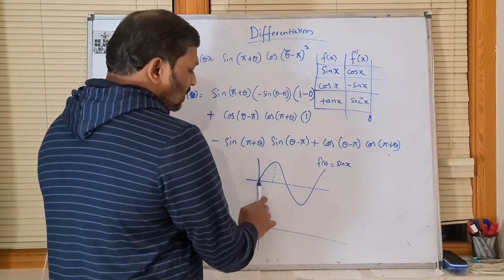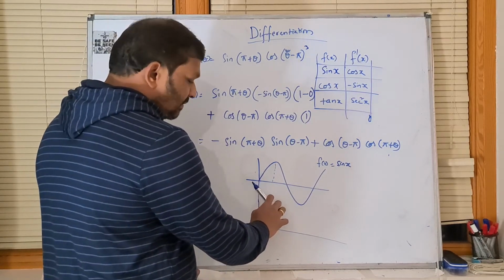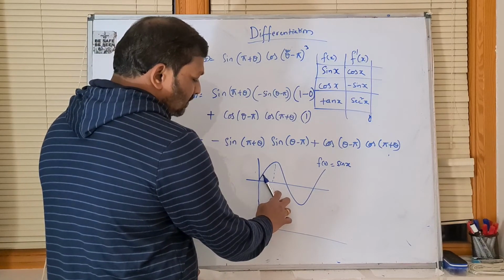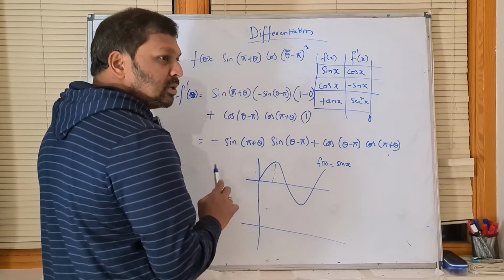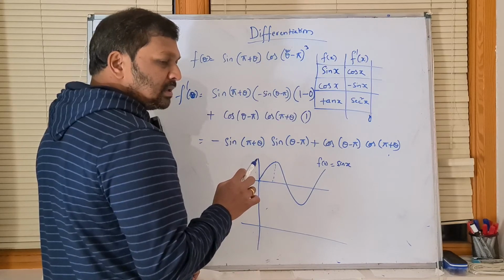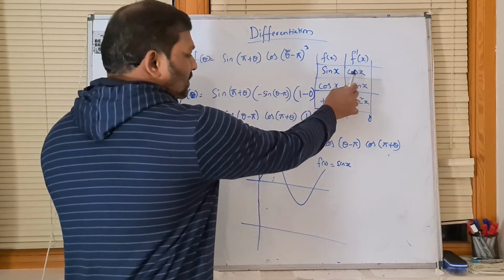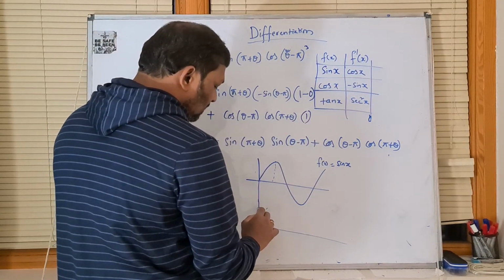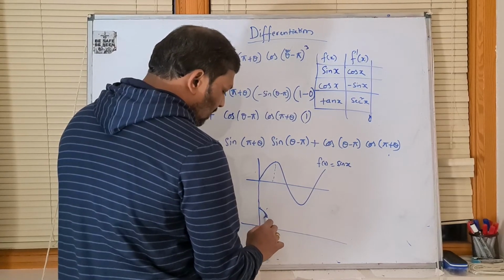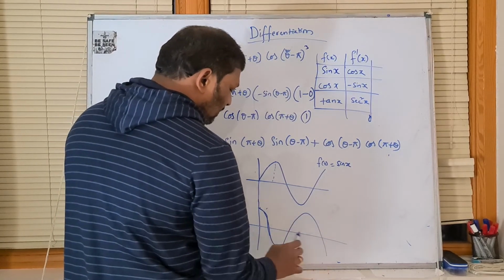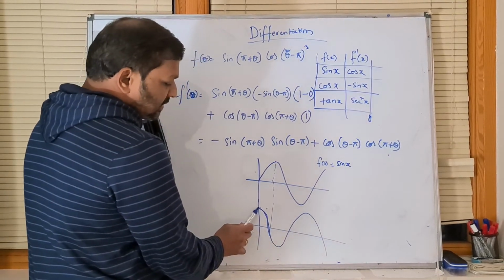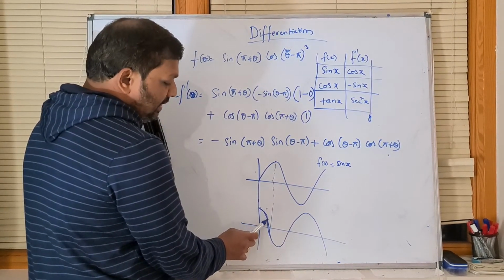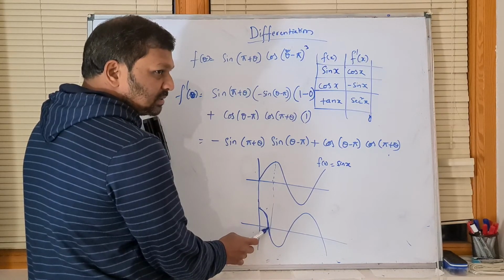If you see the behavior, the slope is very high at the beginning. As you go to the tip of the sine function, the slope becomes 0. If you plot cos x, the cos x graph follows like this. Here also for cos x, it started with a very high value, and when you come to 90 degrees, it becomes 0.